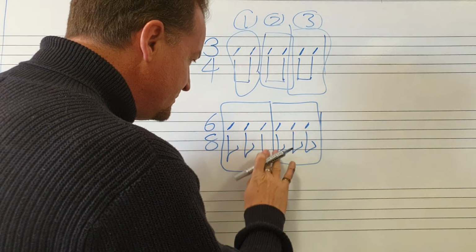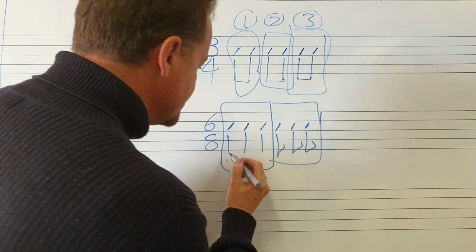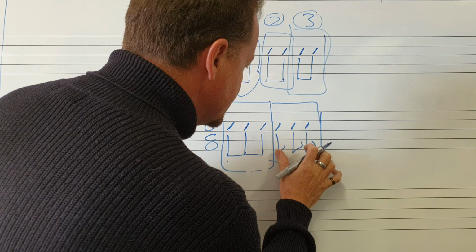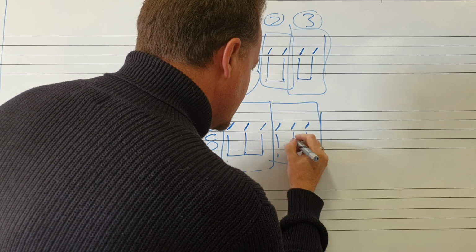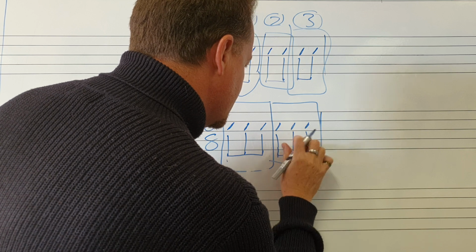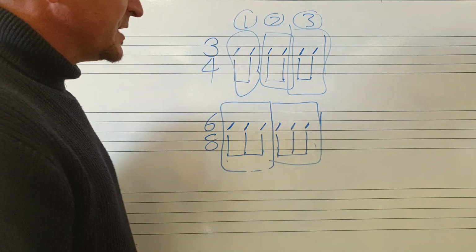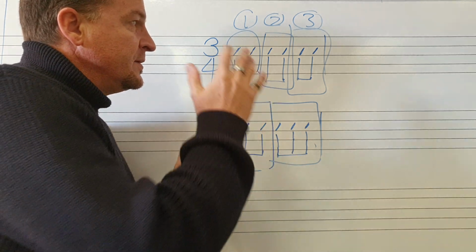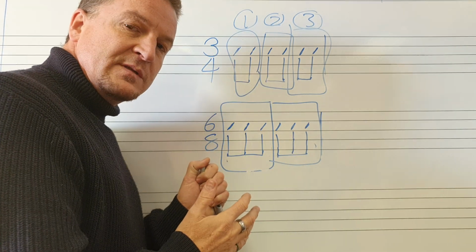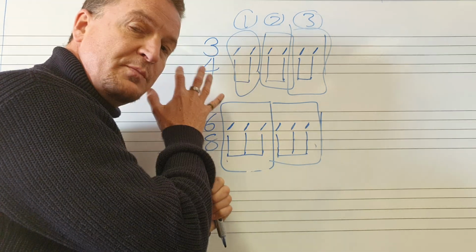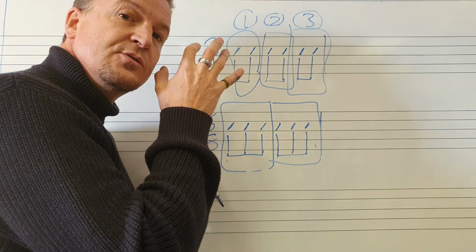So if you group this in compound duple, you will put the beam there to signify those 3 notes. And in this example here, or this beat here, you would put the beam here. Sorry, it's a little messy, but can you see what's happening? Try and understand the concept. They've got the same amount of quavers in each time signature, but because this is simple triple, they've got to be grouped in triple.